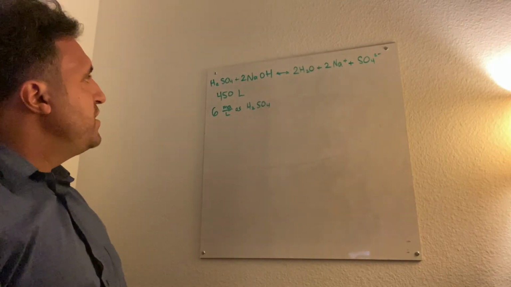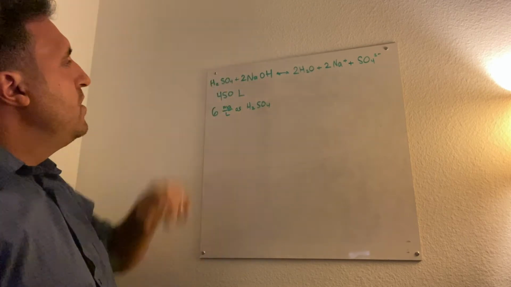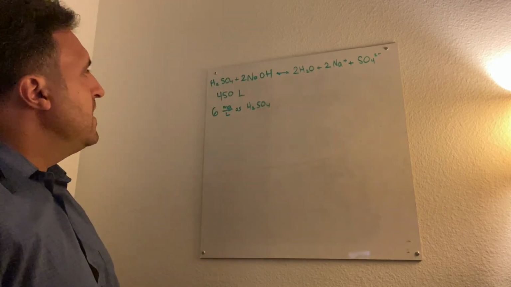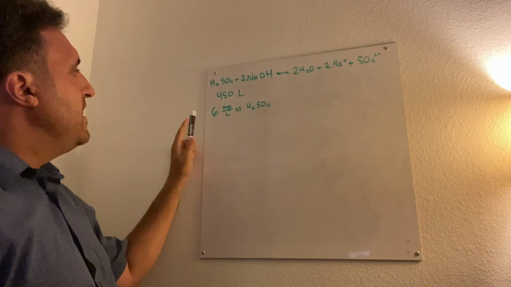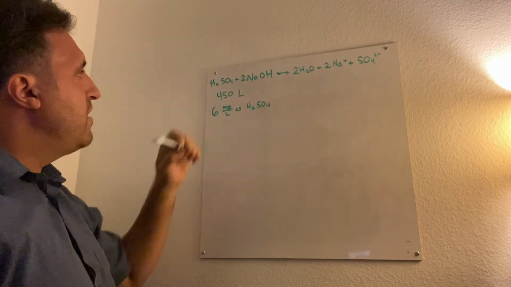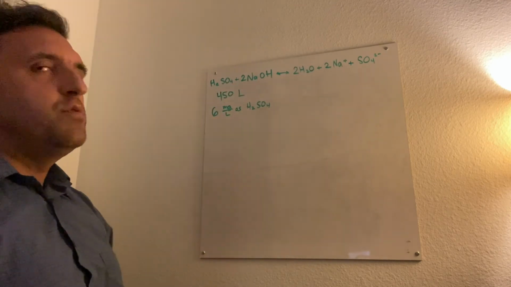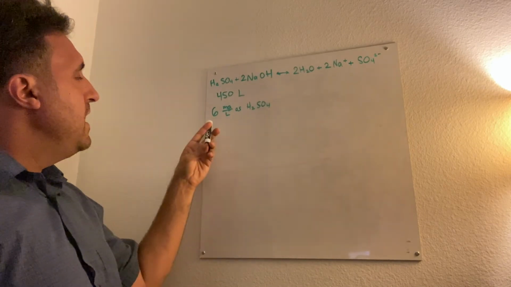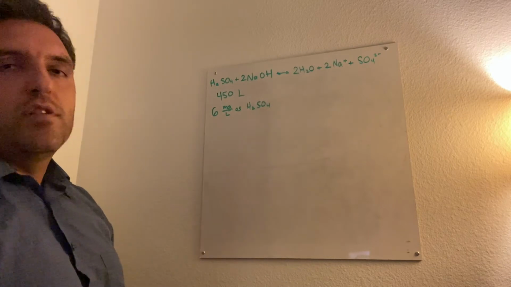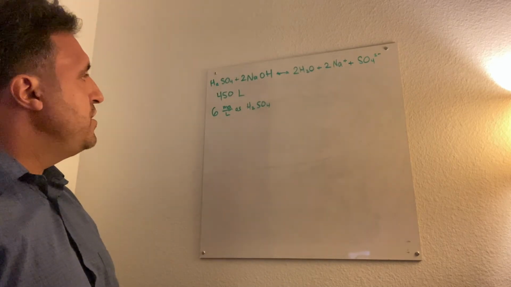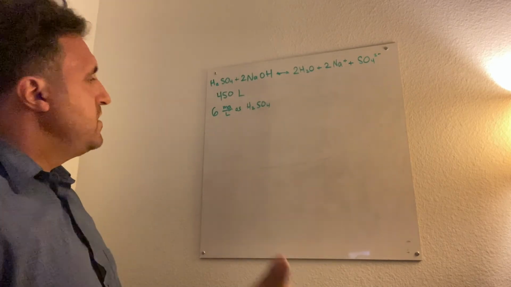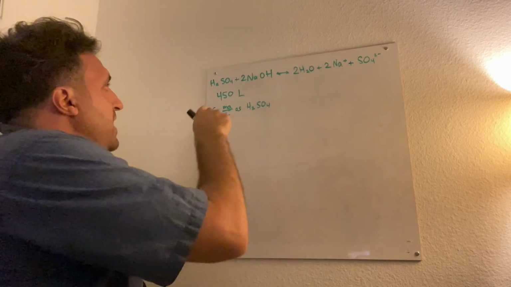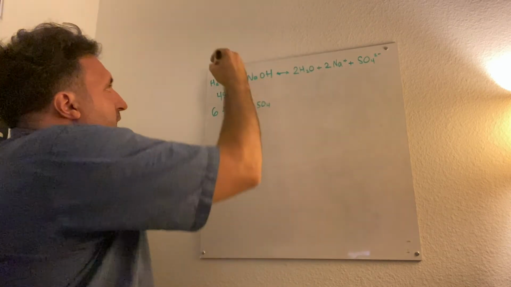We have here the reaction of sulfuric acid with sodium hydroxide, and we're asked to find how much sodium hydroxide needs to be added to a reactor with a volume of 450 liters if we have 6 milligrams per liter as H2SO4. So first thing we need are the molecular weights of H2SO4 and sodium hydroxide.